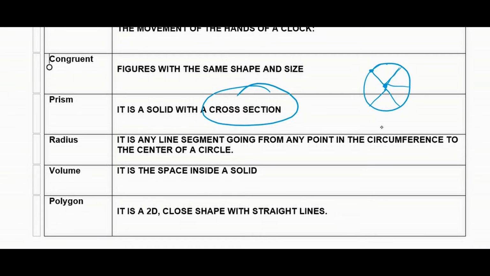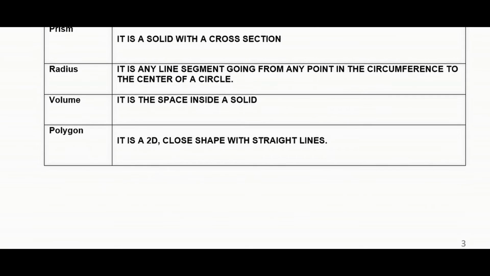What a horrible circle. Then it says volume. It is the space inside a solid. And polygon, it is a 2D closed shape with straight lines. And that's the meaning of polygon.